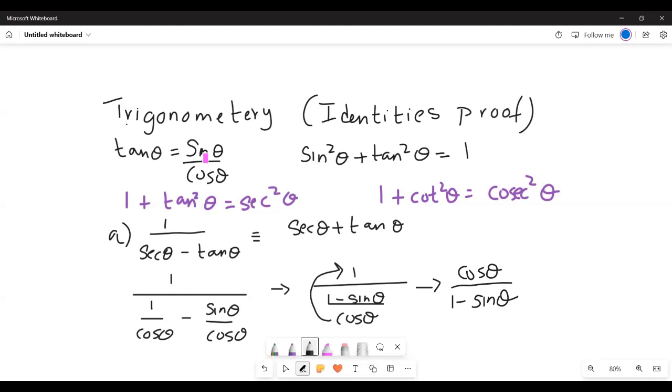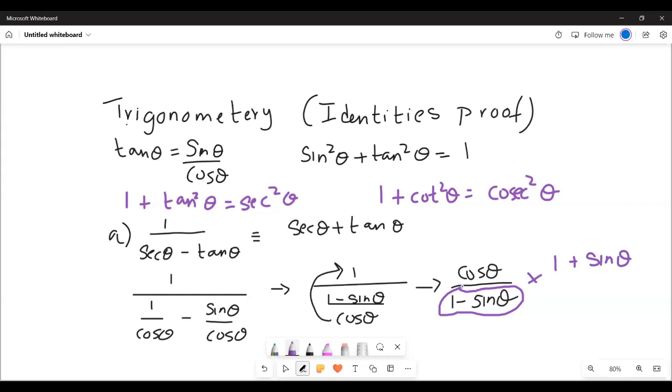Now what can be done? Again, what we can do is multiply and divide this fraction with this value. Let's see, 1 plus sine theta upon 1 plus sine theta.